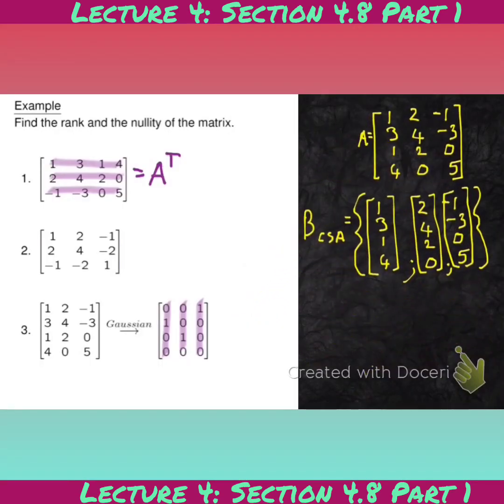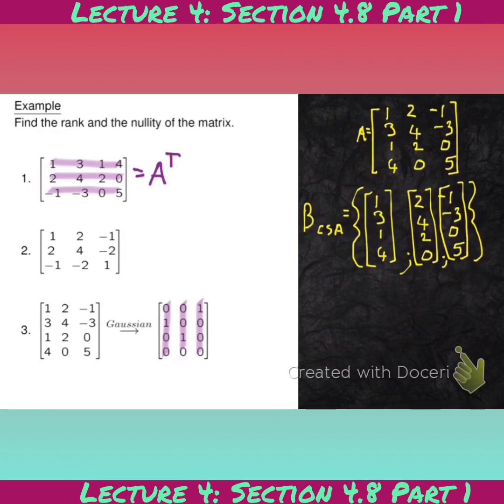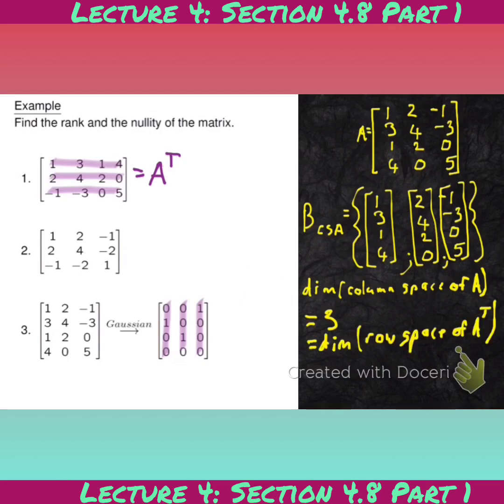Continuing, we have that the dimension of the column space of A is 3, and that is equal to the dimension of the row space of A's transpose.